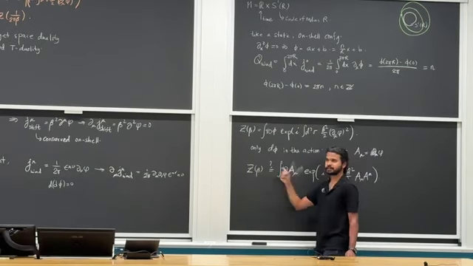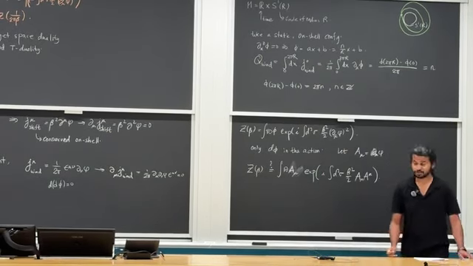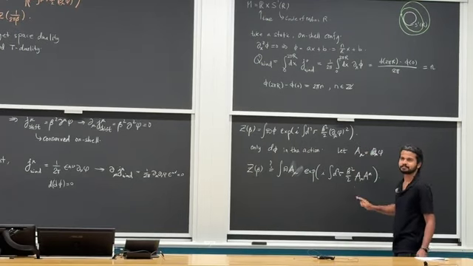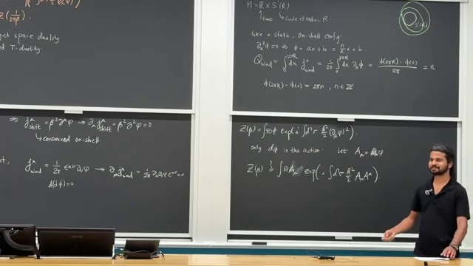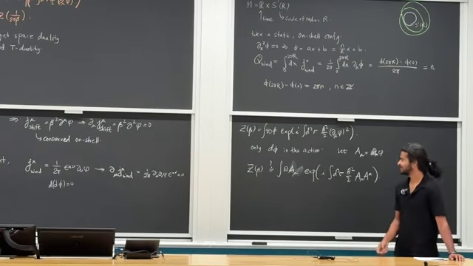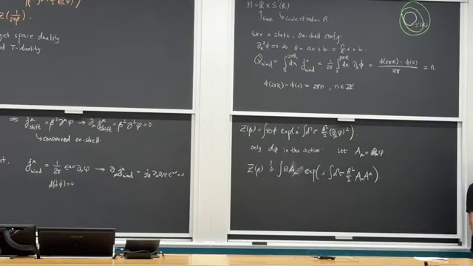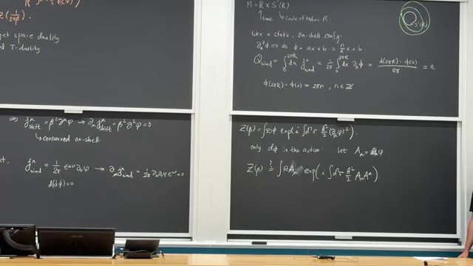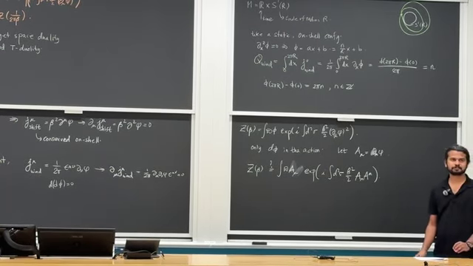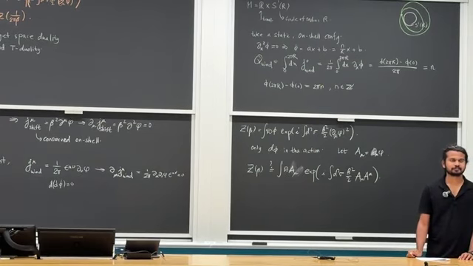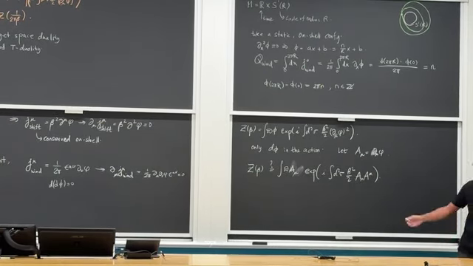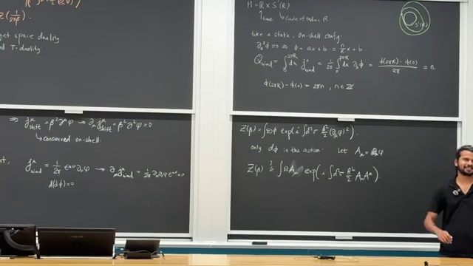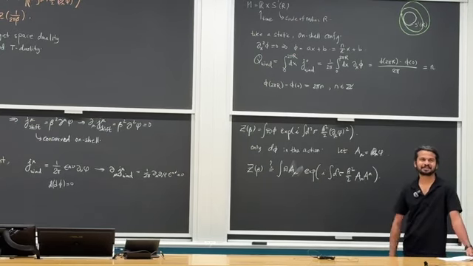I've put a question mark here because are we sure that this is equal to that? What do you guys think? It can't be, right? It's probably equal up to some infinite constant. That's always the case with path integrals, but infinities, we'll just drop it.